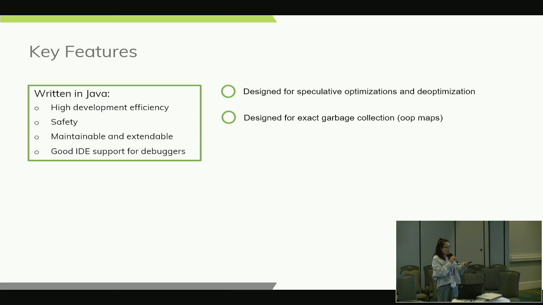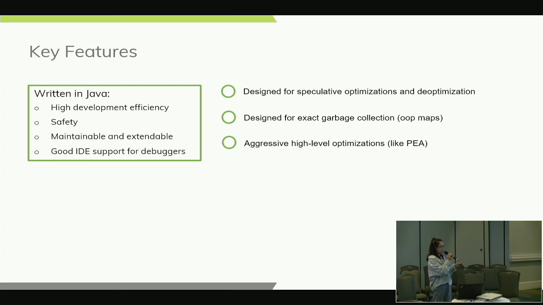And then Graal is designed for exact garbage collection. It can create all the read and write barriers before and after object allocation, and it will build object pointer maps for garbage collection.